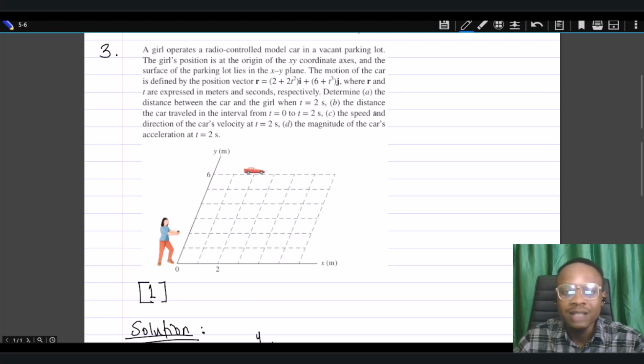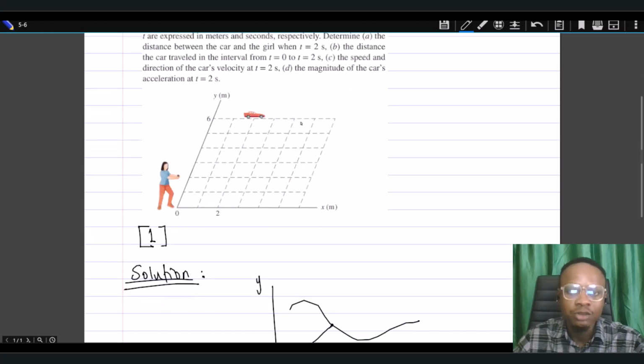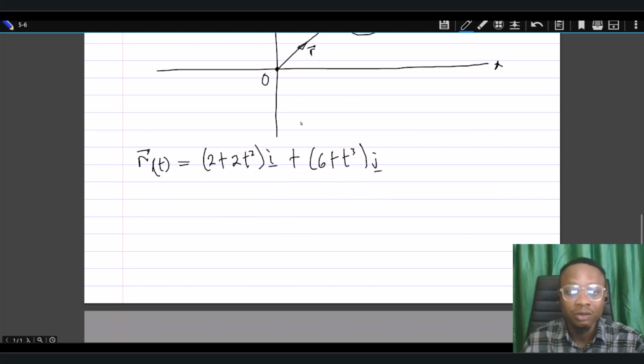So we also know that in this we will need the velocity, and also we will need the acceleration. So we can get the velocity vectors and also the acceleration vectors from here. So we know that the velocity vector as a function of time will be the derivative of this with respect to time. We know that is the derivative of r as a function of time with respect to time.